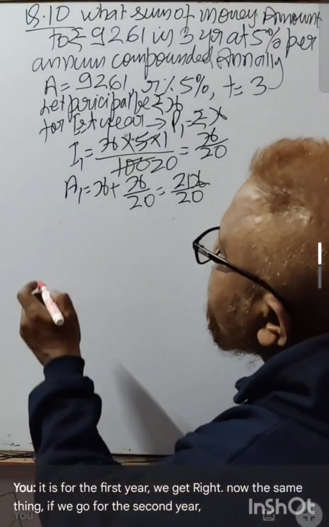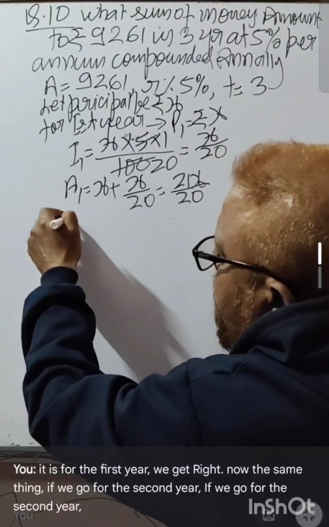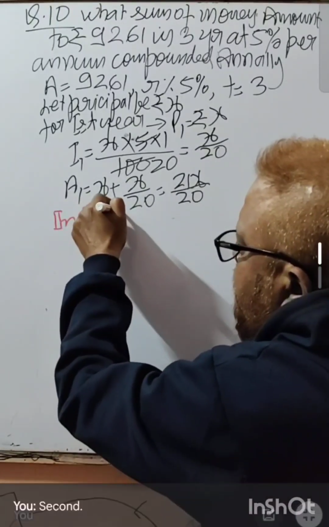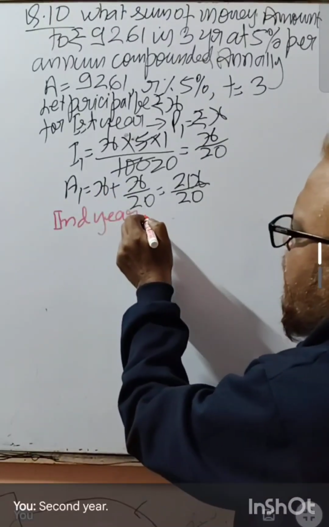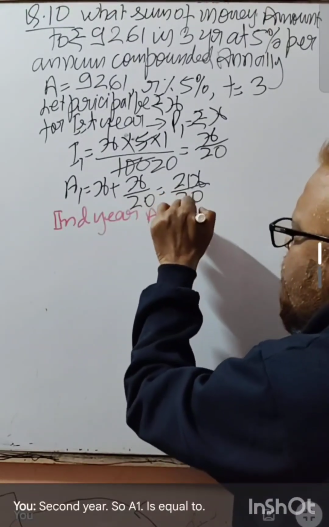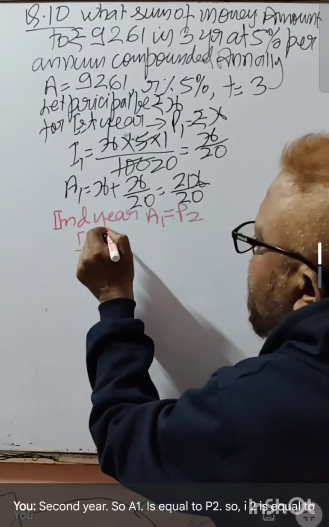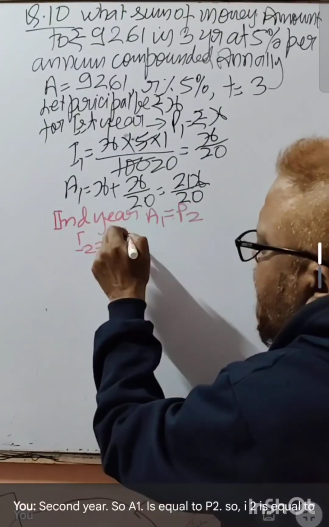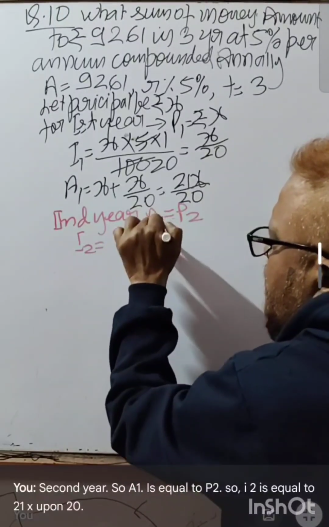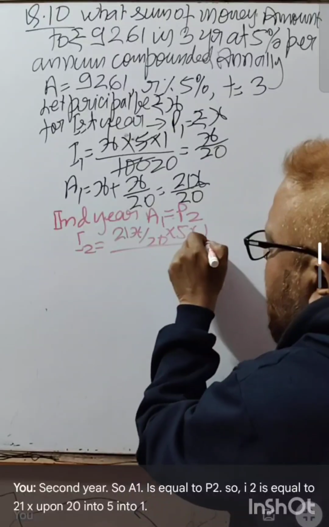Now the same thing if we go for the second year. A1 is equal to P2. So I2 is equal to 21x upon 20 into 5 into 1 upon 100.